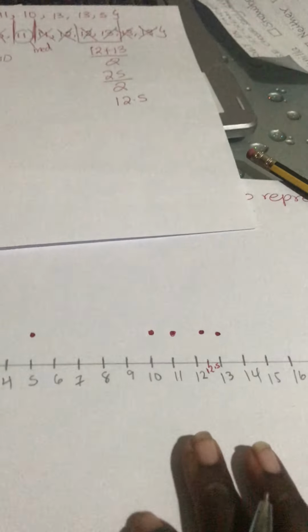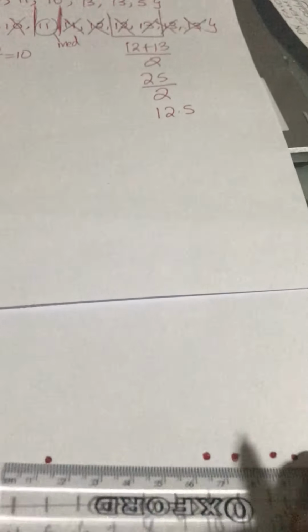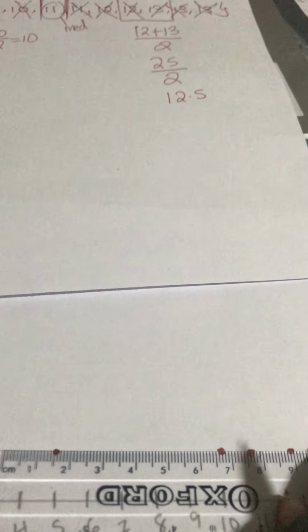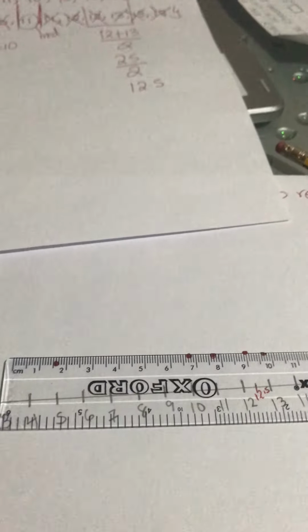Okay, then I draw my whisker. So let me put my phone down and then I will show you. So draw the whisker, you join the first dot, you draw your vertical line.